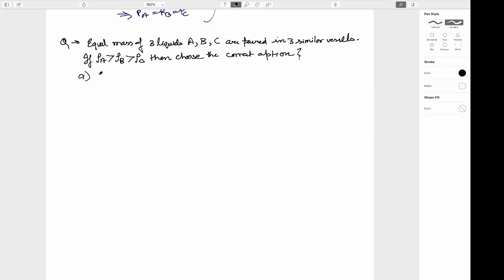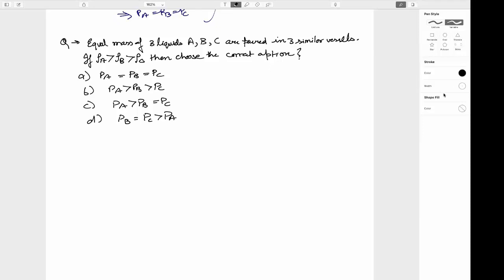Correct options are: PA equals PB equals PC; PA, PB, PC; PA, PB equals PC; PB equals PC greater than PA.